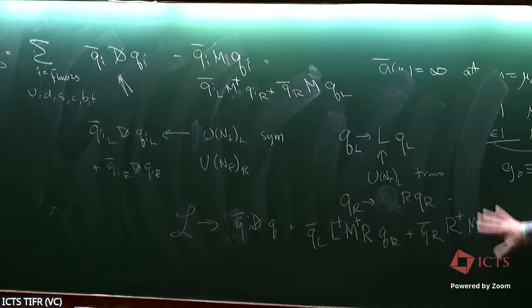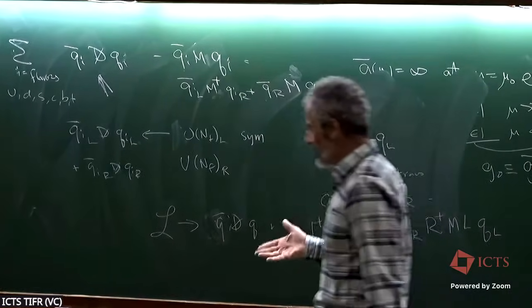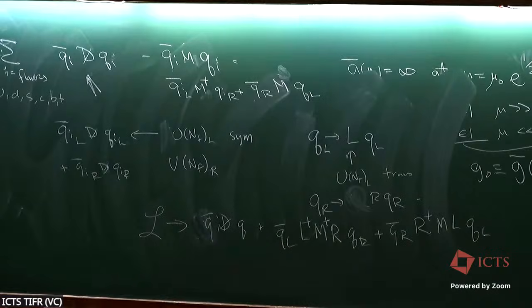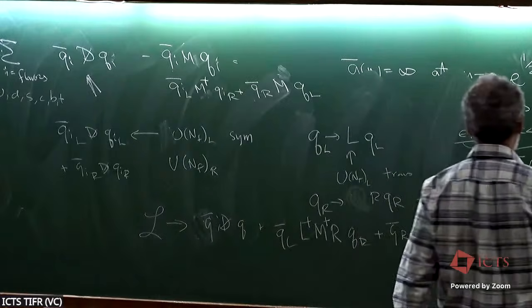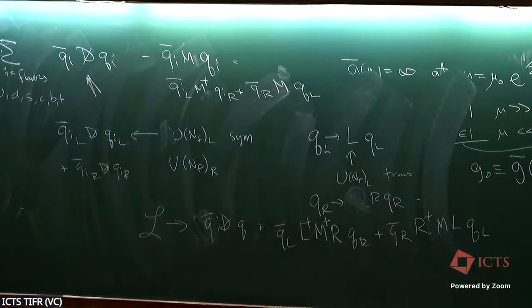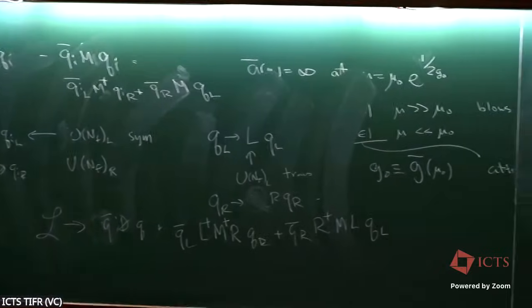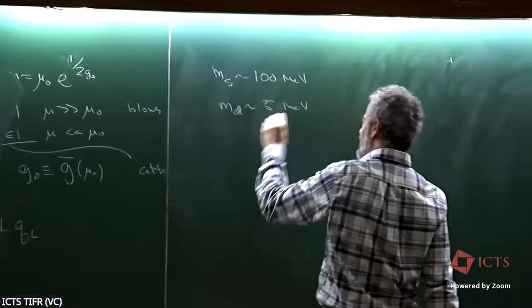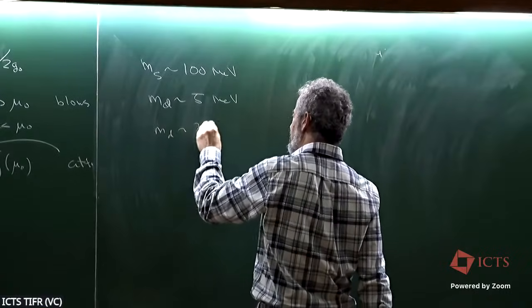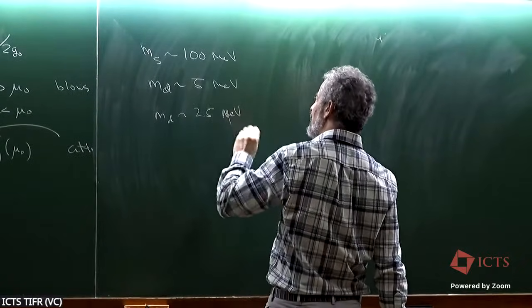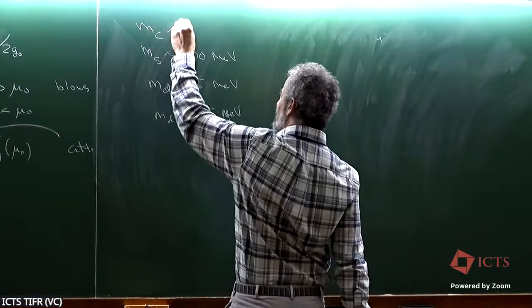But not all masses are the same. Top and charm and bottom are very big compared to lambda QCD. Up and down are very small compared to lambda QCD. Strange is sort of in the middle. So latest lattice data, M_s is about 100 MeV, M_u is about 5 MeV, M_d is about 2.5 MeV, and I don't know, M charm is about what, 1.5 GeV?